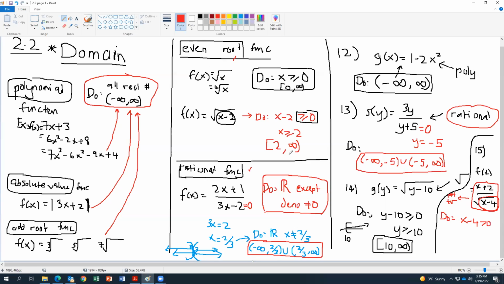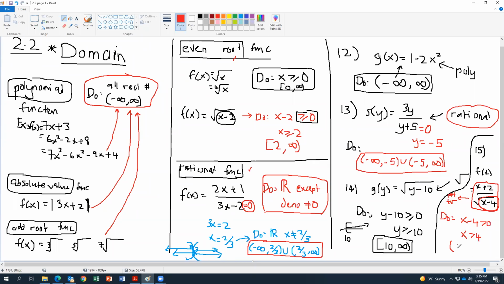But in this question, you cannot have an equal to 0 because the rational function says your denominator cannot be equal to 0. So that's the reason why, when you have your square root in your denominator like this, x minus 4, whatever is inside the root, has to be greater than 0. So in this case, x has to be greater than 4.